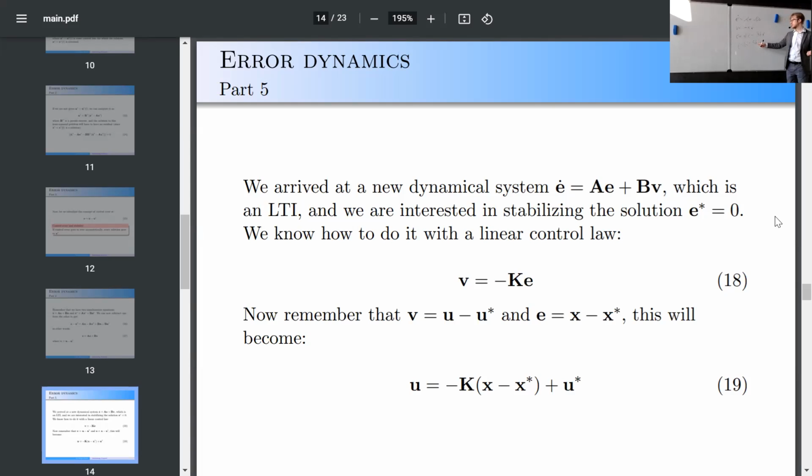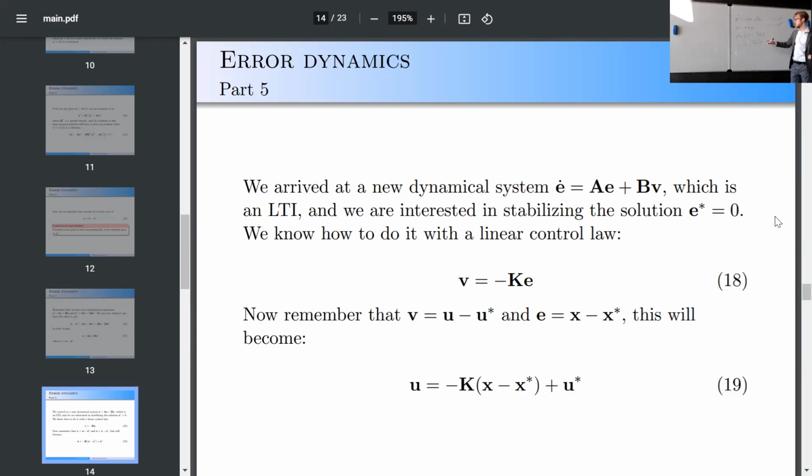So all we did here is find a way to get a K. Now, we still need to find u, right? We don't know what u is. Well, we know what v is. v is u minus u star. So from this, u is v plus u star.